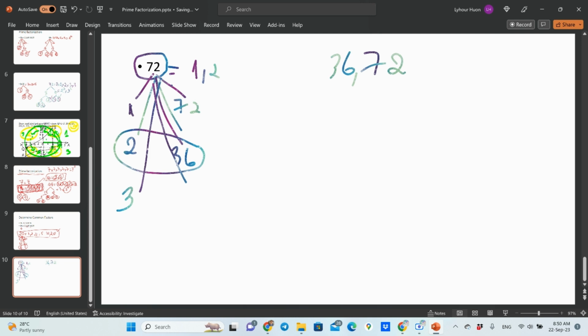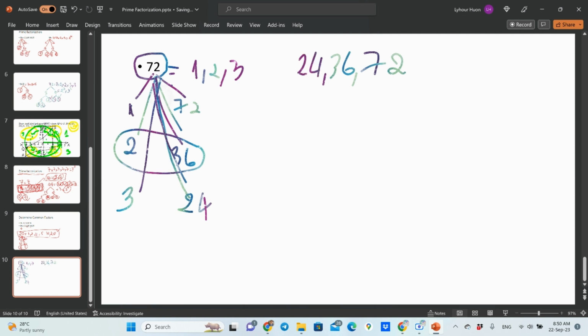We know that it's already divisible by 3. So when it's divided by 3, we get the answer 24. Yes, 24. So we put the answer 3 and 24 here.